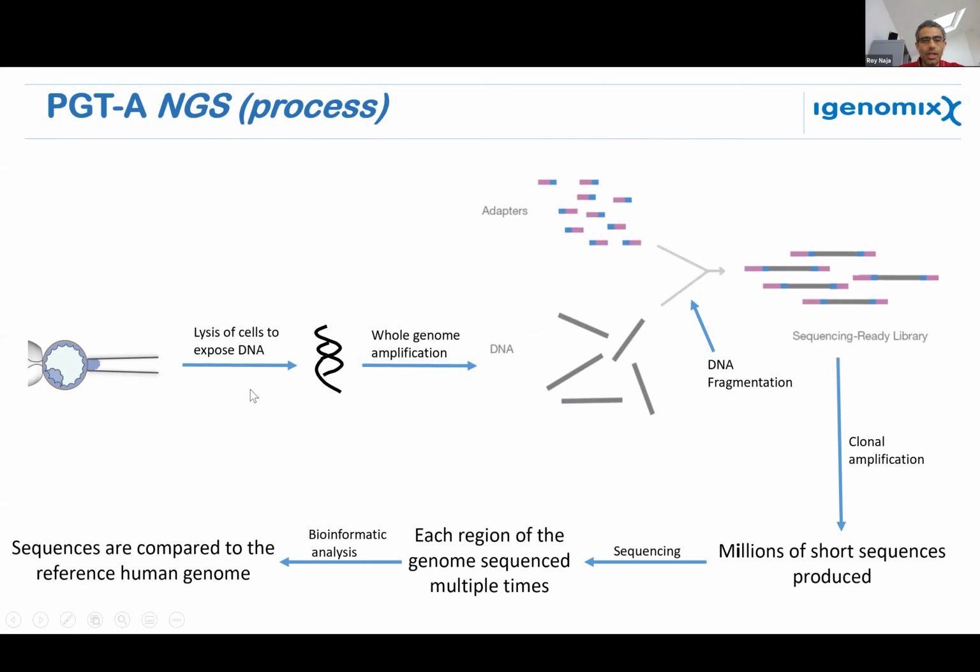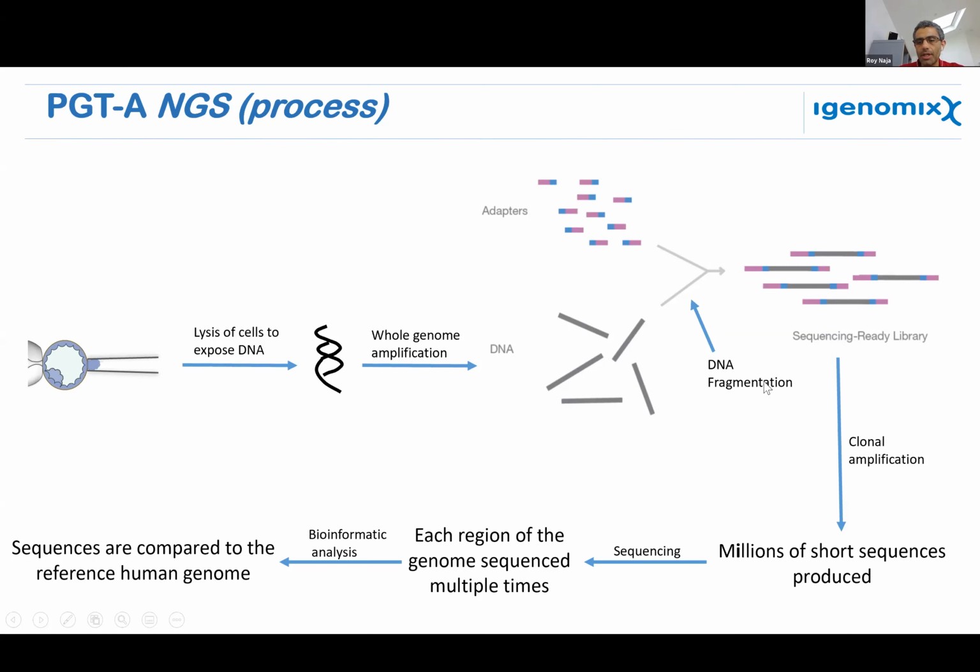Okay, so in a nutshell, how does this work? The state of the latest technology for PGT is next generation sequencing. What happens is that we take a trophectoderm biopsy from a blastocyst. We amplify the whole genome of this biopsy, so we have loads of DNA.